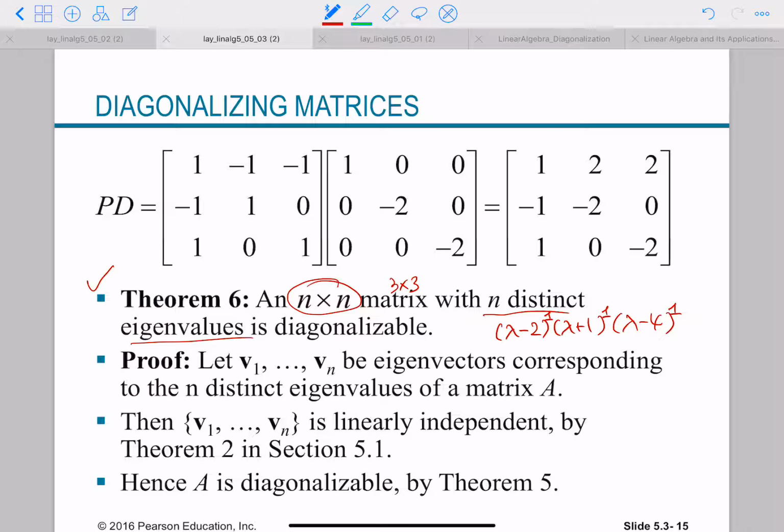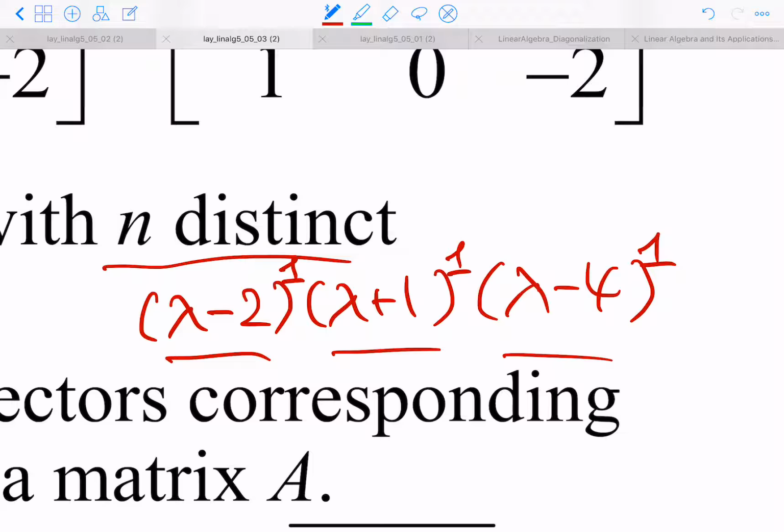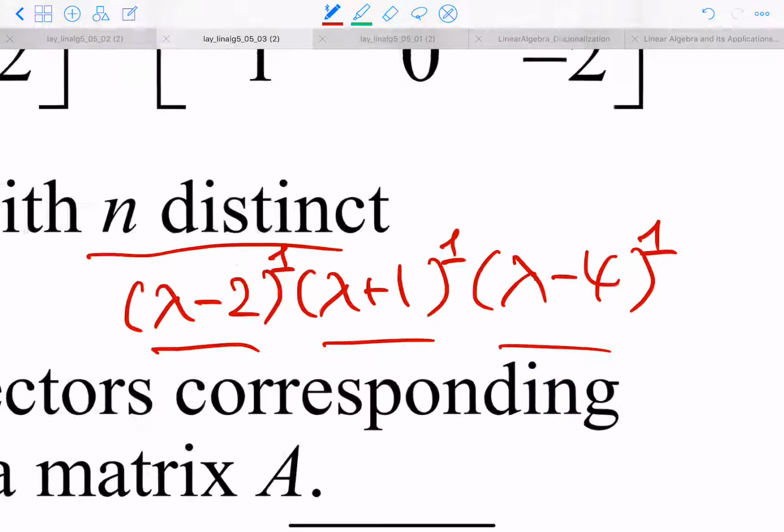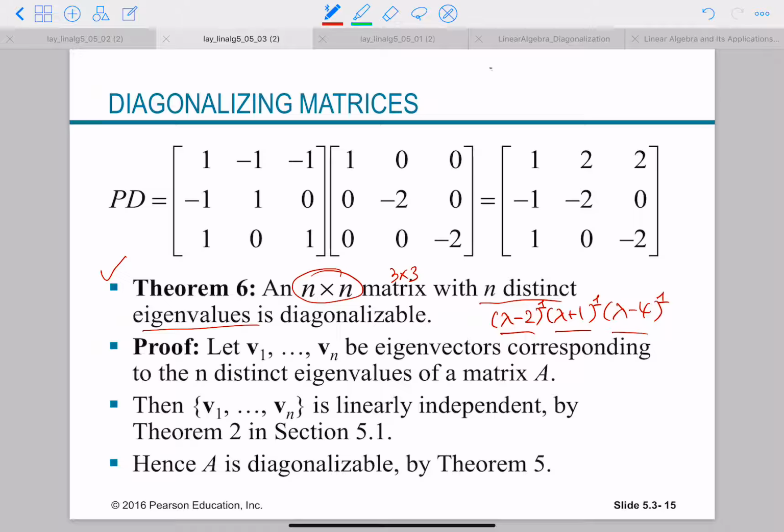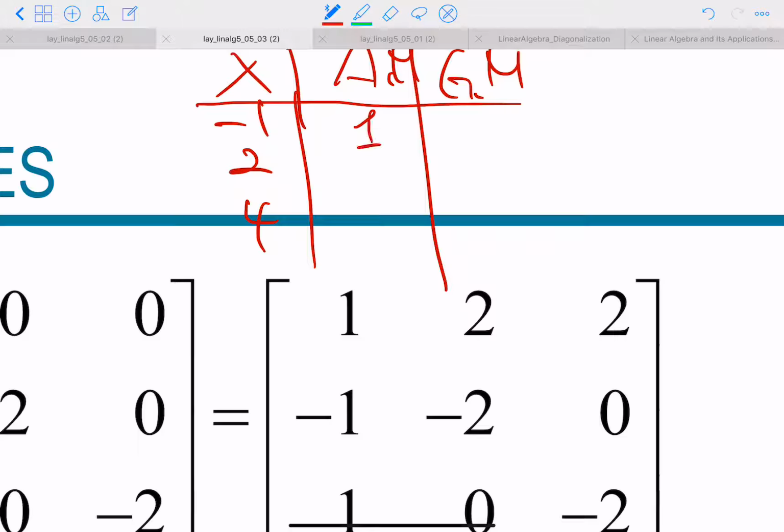So that way we have three distinct or three different eigenvalues, right? Because an nth order polynomial equation has n distinct roots, it means our algebraic multiplicity should be all ones, right? So in this case, if we imagine this kind of table, -1, 2, and 4 as our lambda, algebraic multiplicity and geometric multiplicity, the algebraic multiplicity is all ones, right?